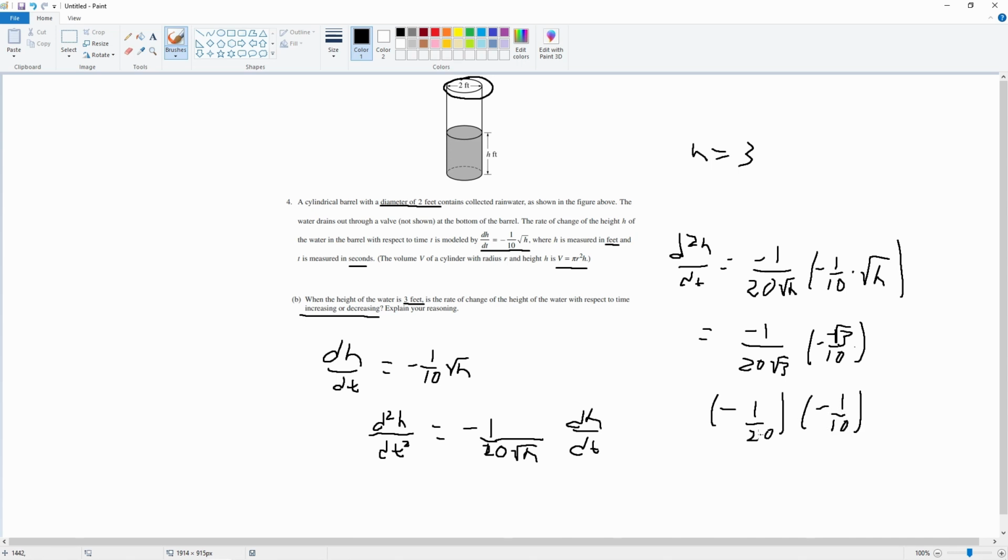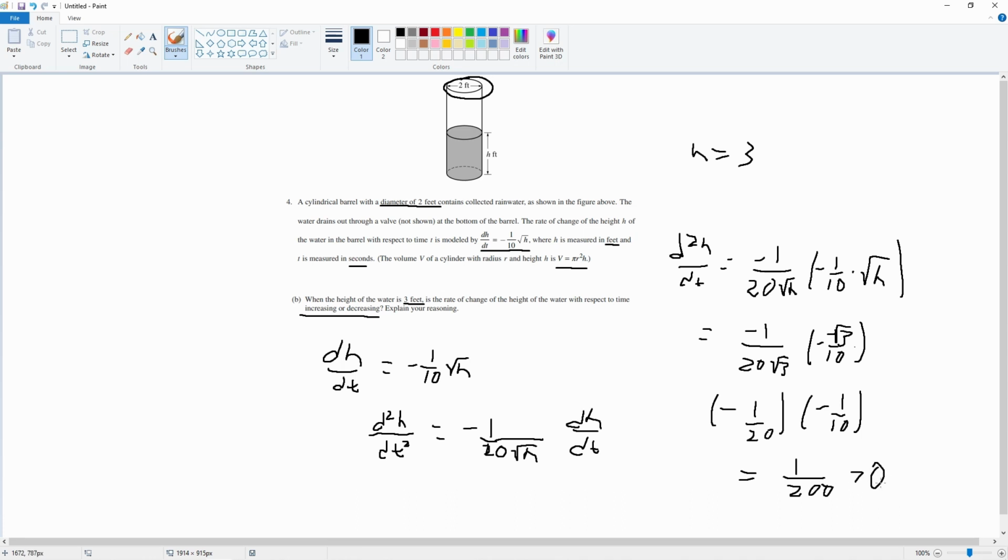So we multiply our denominators, and it's just going to be a negative 1 over 200, and we also cancel out our negatives because negative times negative is positive. So our answer is just going to be 1 over 200. All right, so now we know that 1 over 200 is greater than 0.